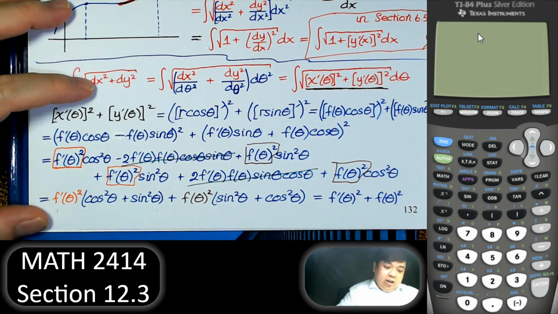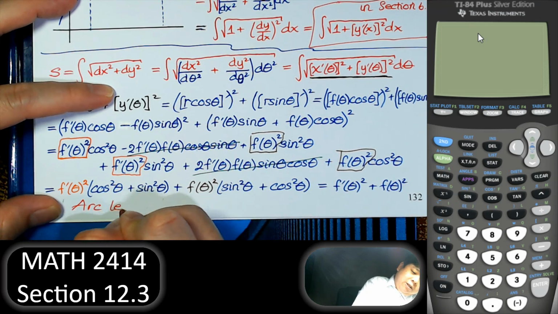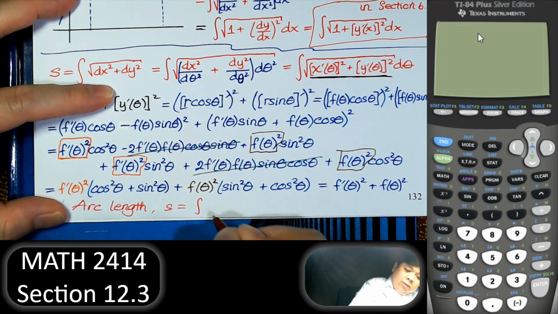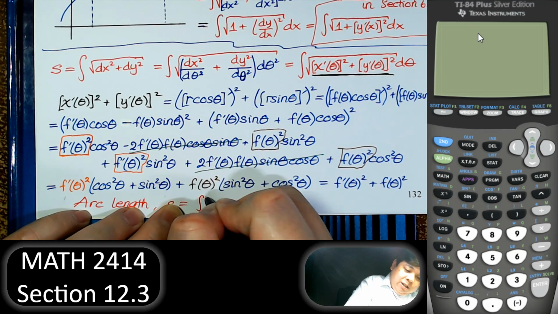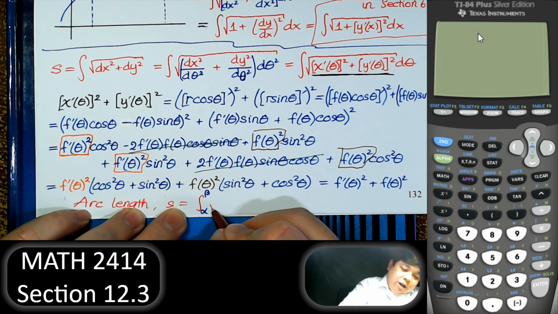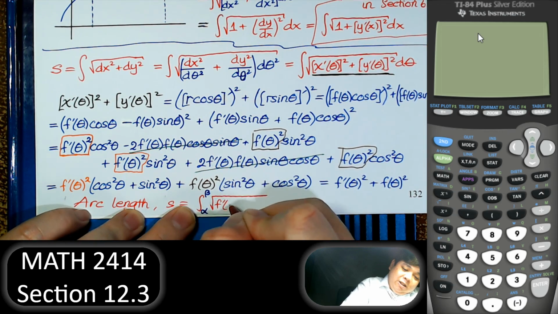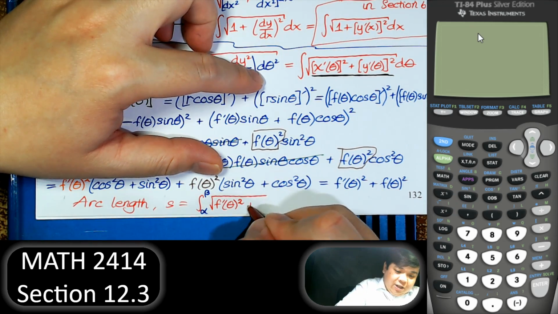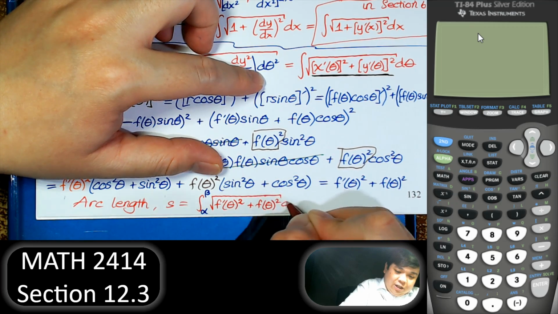So bottom line, the arc length formula for a polar curve, and let's say the limits here will go from alpha to beta, theta equal to alpha to theta equal to beta, is the integral of square root of derivative of r square plus r square, d theta.